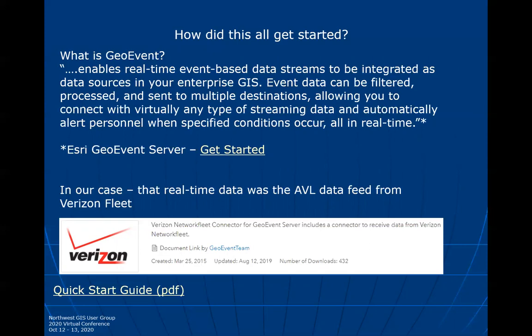In our case, I knew that we had this real-time data. The real-time data was this AVL data feed from Verizon Fleet. And I'd seen in the Esri marketplace this Verizon Network Fleet connector. And so I knew that we had some ways to work with this.